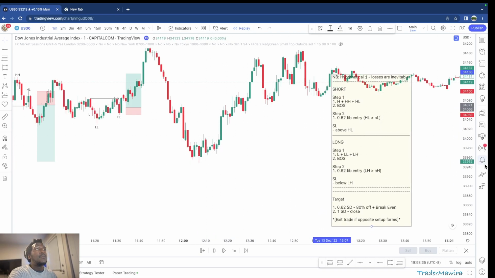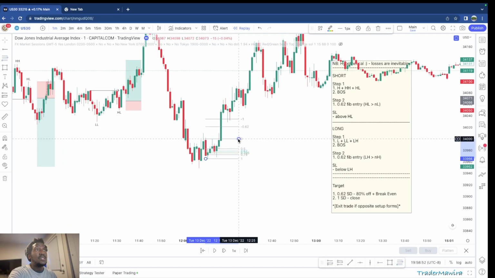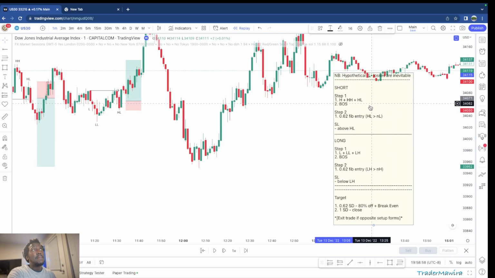So what we see is we have a low and a lower low, a higher low and another higher low, and then price of course respected the higher low and the new high. It respected and came back to pretty much our zone, which is the 0.62, and it went on and hit our target super fast, but it does not meet my criteria.